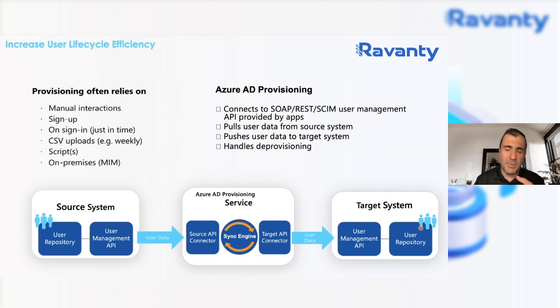So if somebody changes department, or if you want to pass certain group claims, meaning if they're in this marketing group and you want to pass that to the target application. As an example, Tableau is one app that relies heavily on that. So let's say you need to pass that as part of your claim, you can do that with Azure AD provisioning services. It handles the provisioning and, just as importantly, the deprovisioning, updates and changes. So you automate that flow and that process.